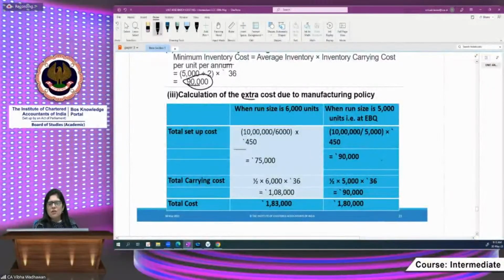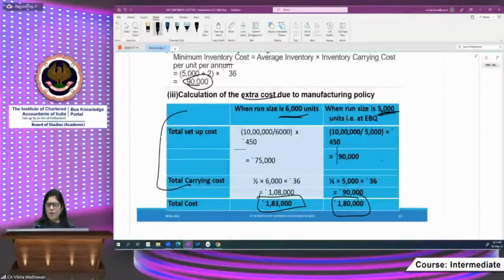So for extra cost, whenever you have to calculate, you should always take total cost, setup cost and the carrying cost. So total cost this when 6,000, and total cost this when you're following EBQ. And when you follow EBQ, the setup cost and inventory cost will always be equal. But the amount should be in wholesome figure, not approximate. If you take approximate, there will be some difference.